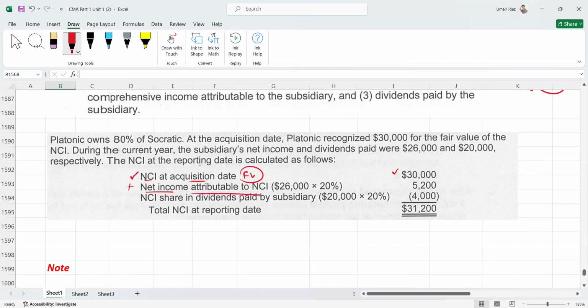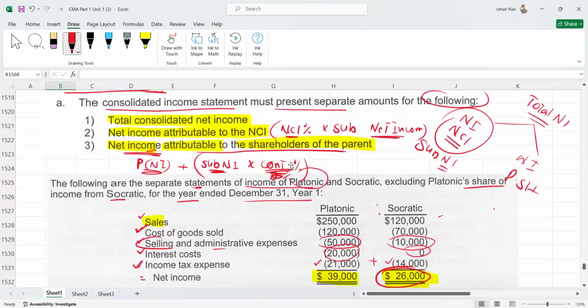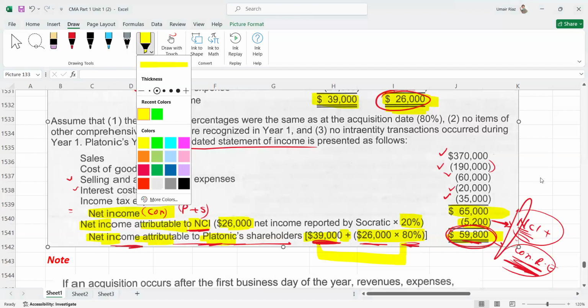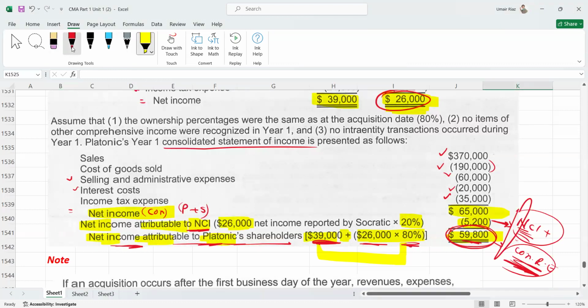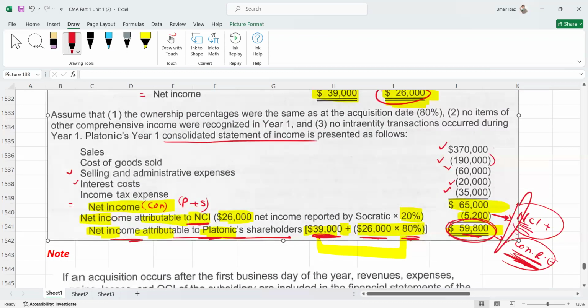This figure we learned from the net income working. So go to the net income working. This is the net income working, right? Consolidated net income. So you have to calculate here net income attributable to NCI, which is the subsidiary's net income times NCI percentage, 5,200.